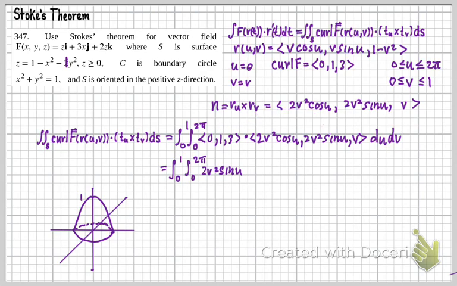So I get 2v squared sine u. And then for the last one, I'm going to have 3 times v. I didn't go far enough over. So that would be plus 3v, and then du dv. So then our final answer, once you do the integrals, is going to be 3 pi, which is our answer for this integral.